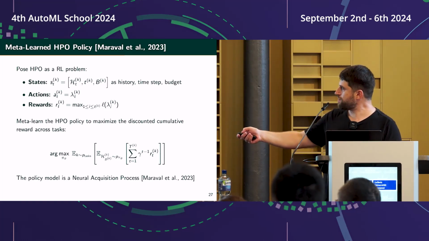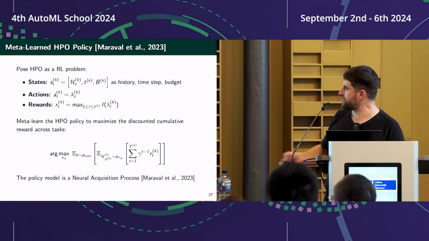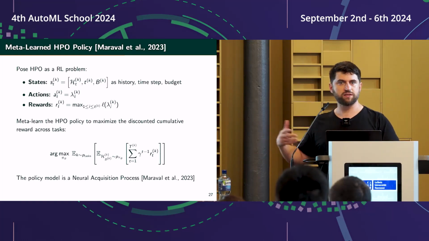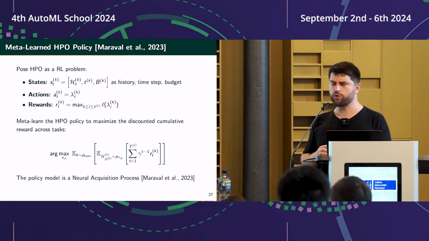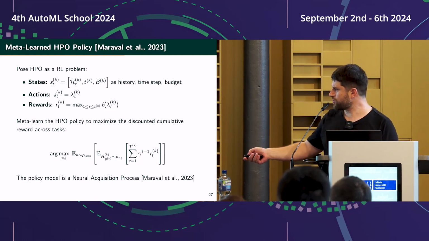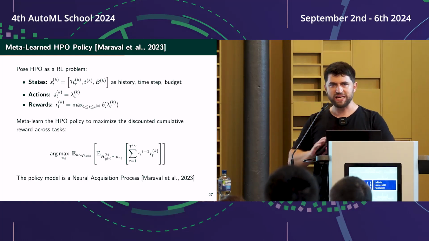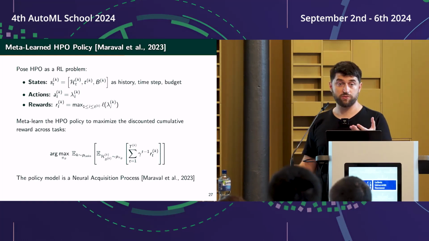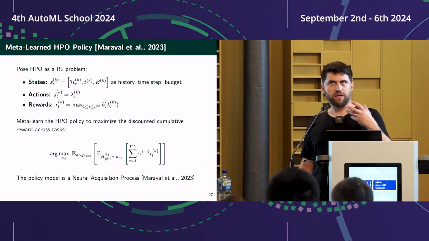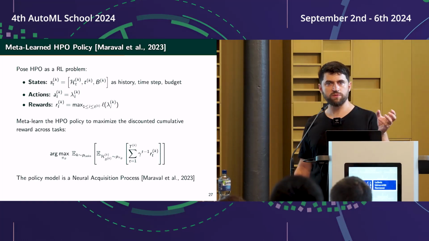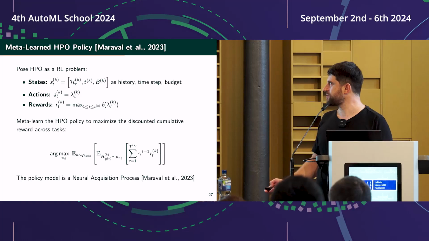And then what we do is we meta-learn an HPO policy to maximize the discounted cumulative reward across tasks. So in essence, it is a standard meta reinforcement learning approach with a twist that I'm not going to go into details. The policy model is what they call a neural acquisition process, is some form of a transformer. But it is meta-learned in a meta reinforcement learning step. And this approach then is a transfer learning of policies directly. So this detaches itself from the Bayesian optimization family of methods.